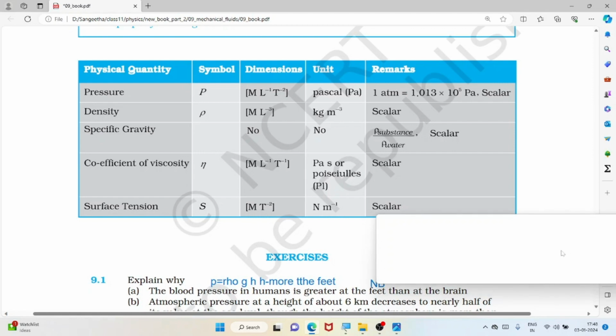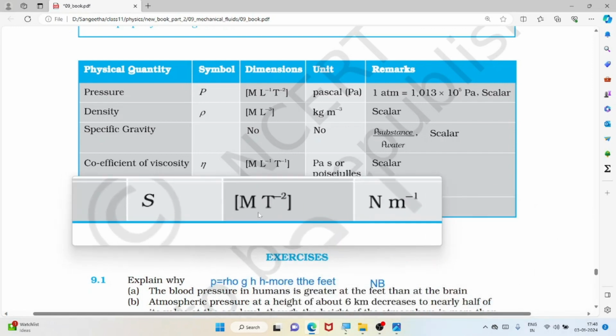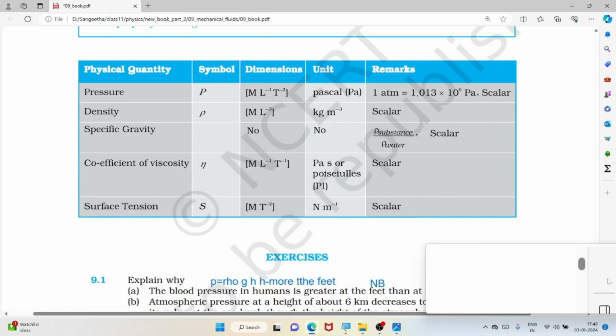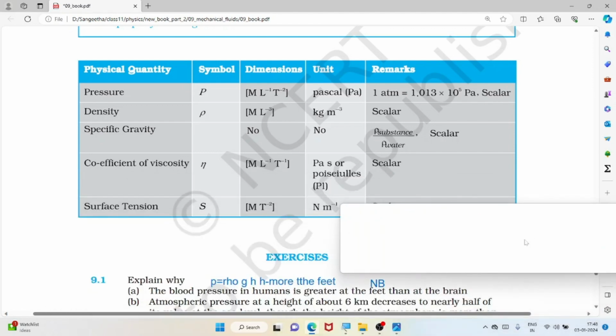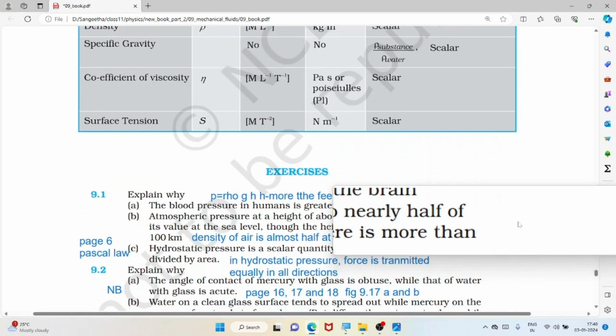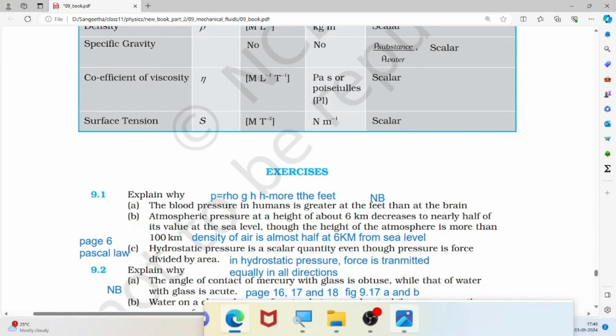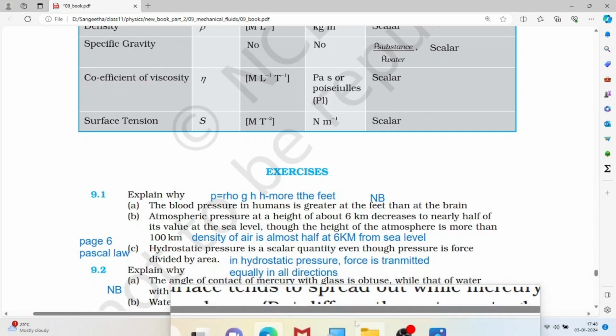You should derive these dimensions based on the definition. For example, surface tension is force per unit length. Pressure is force per unit area. Density is mass by volume. From that you should derive the dimensions.